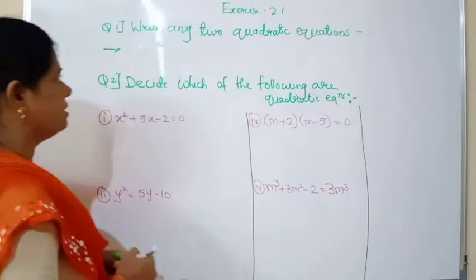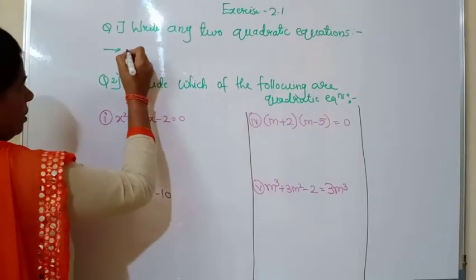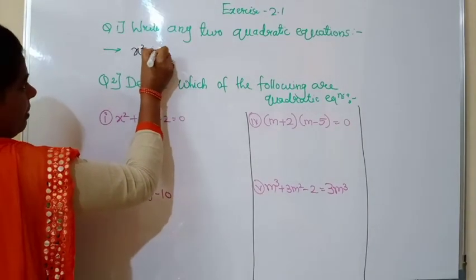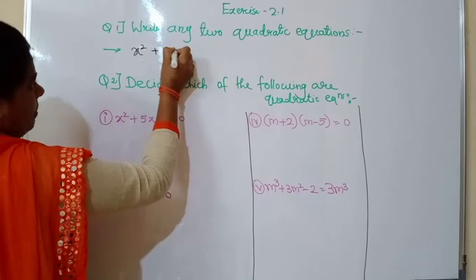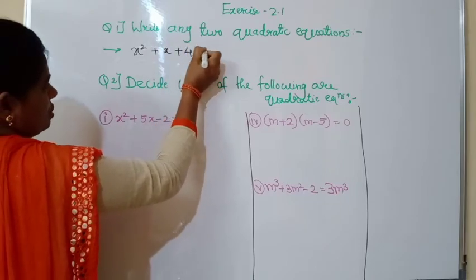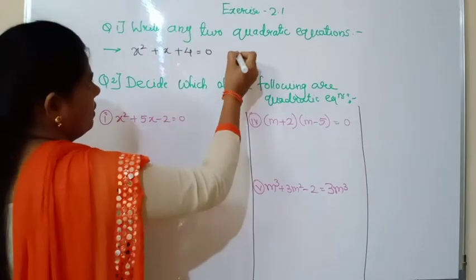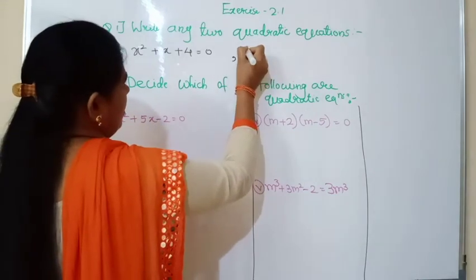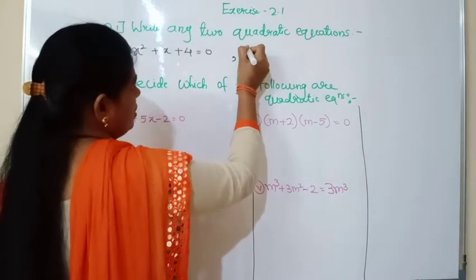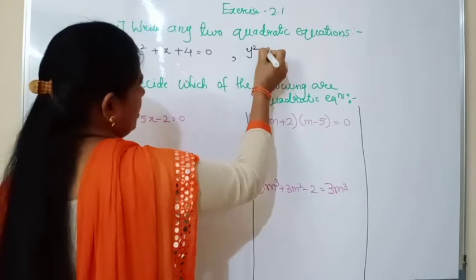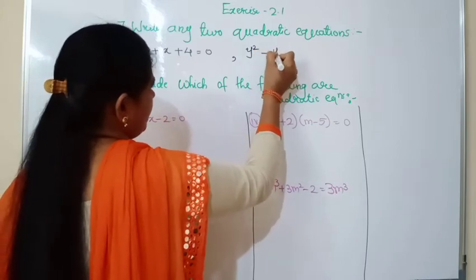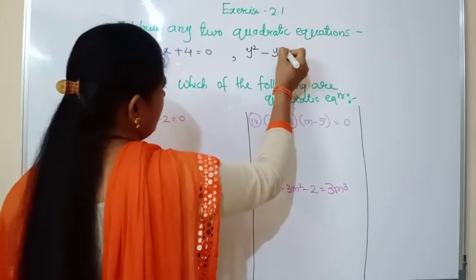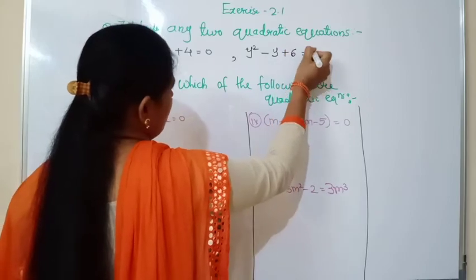So here we will write some of them. For example, x square plus x plus 4 equal to 0, or we can use any other variable also, that is y square minus y plus 6 equal to 0.